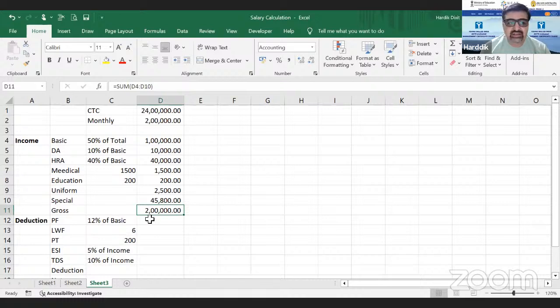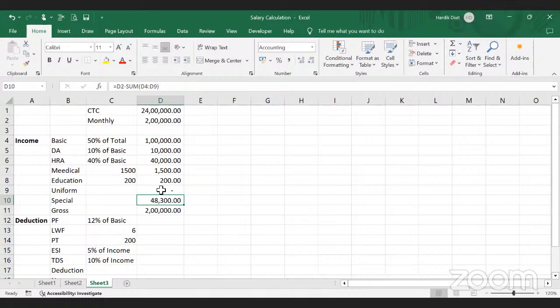Okay, so in that case, my special allowance would reduce, my gross will remain the same, other things will remain the same. If uniform is not paid, my special allowance will increase.